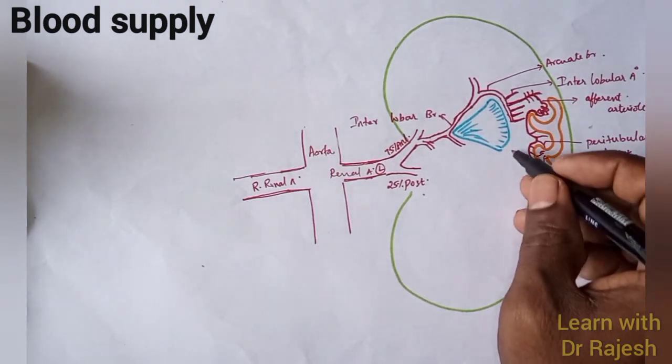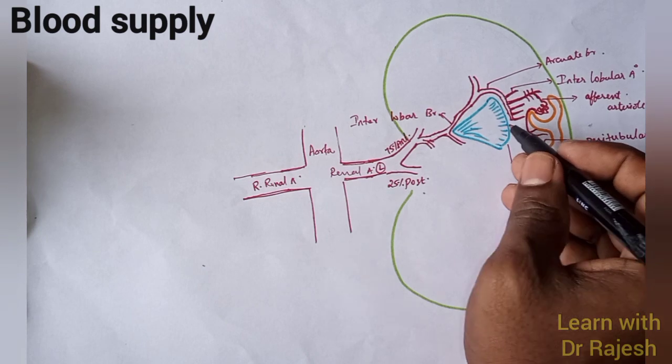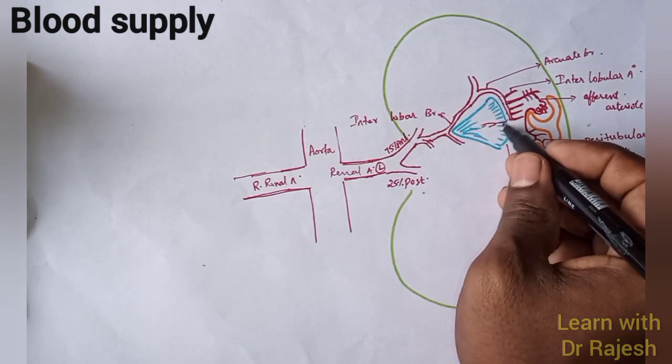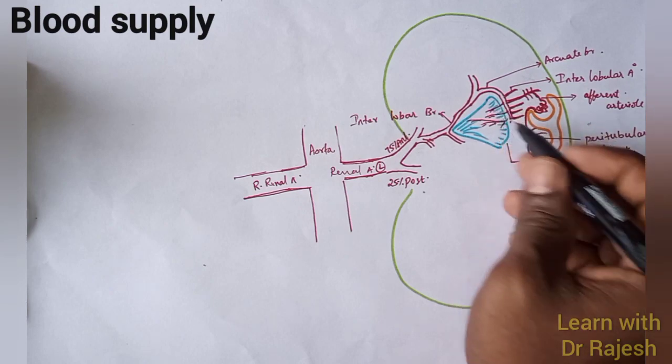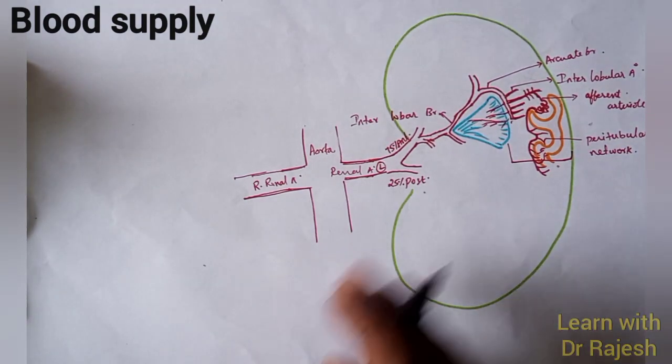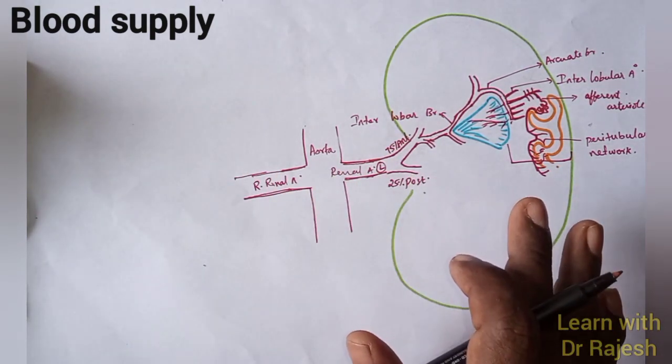So this is the cortex. It will be supplying the inner aspect of the cortex, and also the medulla. So this is about the blood supply of the kidney.